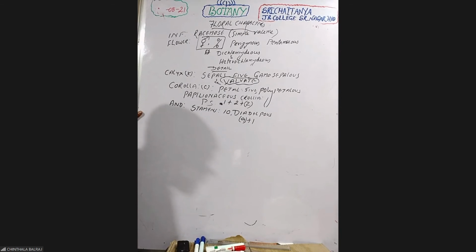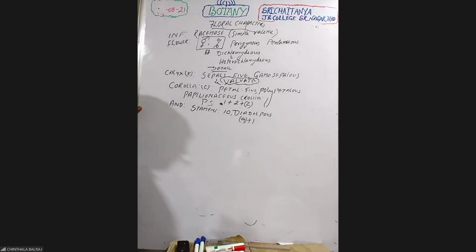The one located towards the posterior end, or mother axis side. That also they may ask. Be careful. This is one of the distinguishing features of the family: diadelphous condition. Okay?